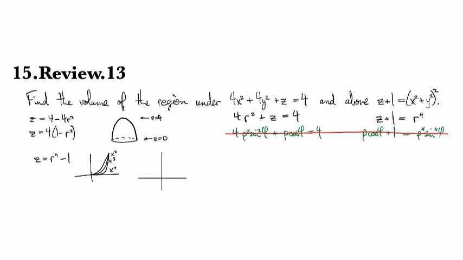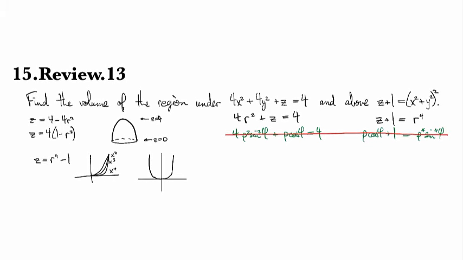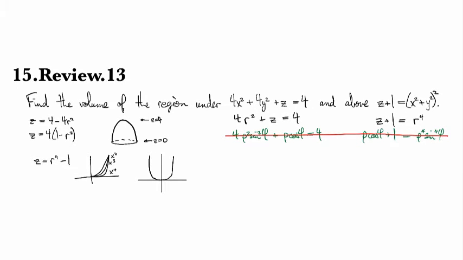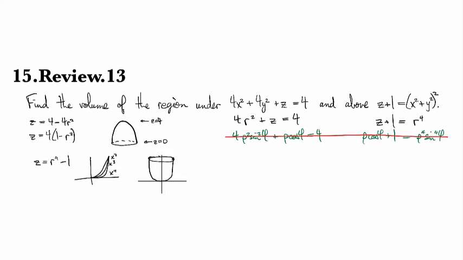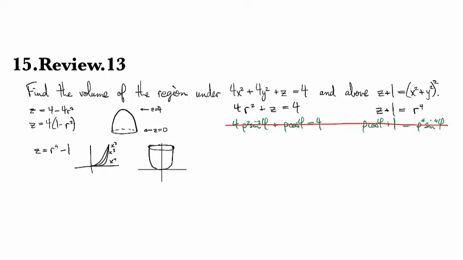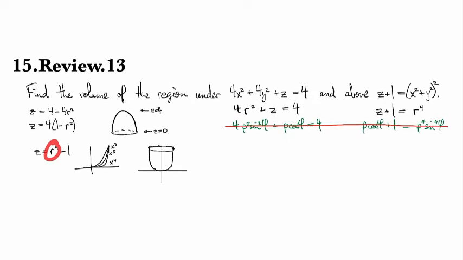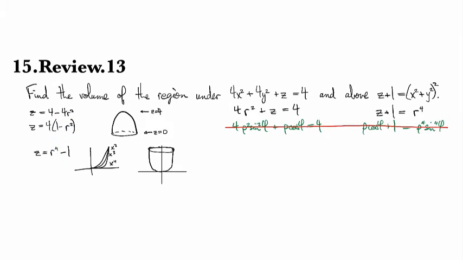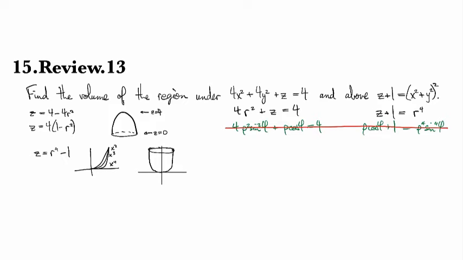So it's going to be something coming up flat on the bottom and then real sharp at the sides, kind of like this. Kind of like a paraboloid, but with a blunter bottom. It's still opening in the positive direction because this is positive, unlike this one, which is opening downward because it's negative. So these things are going to intersect to form some sort of egg shape.